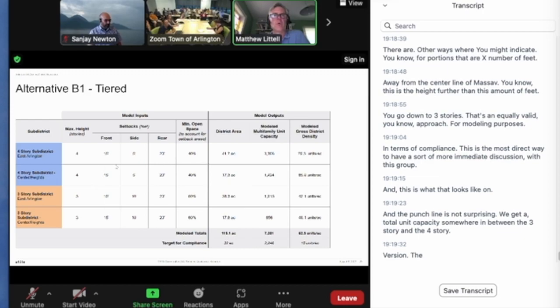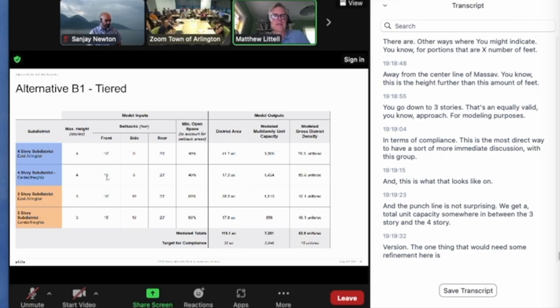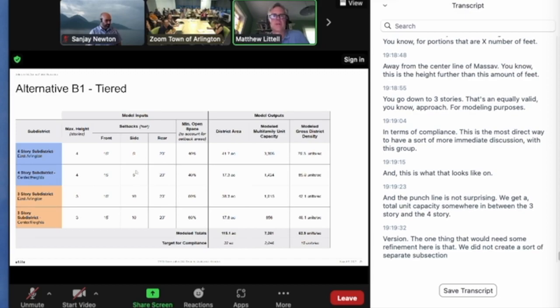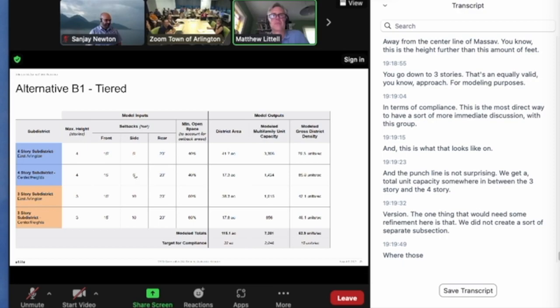The one thing that would need some refinement here is that we did not create a separate subsection where those blue parcels off of the avenue would have a 10-foot side yard.